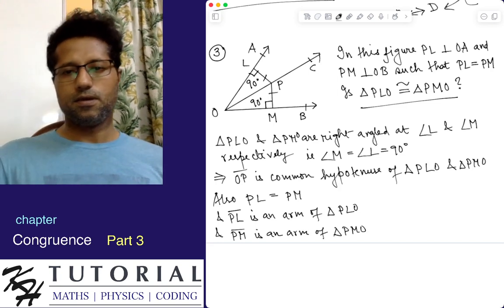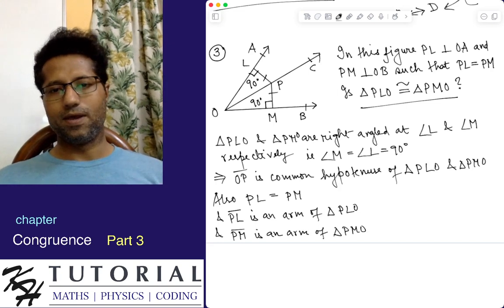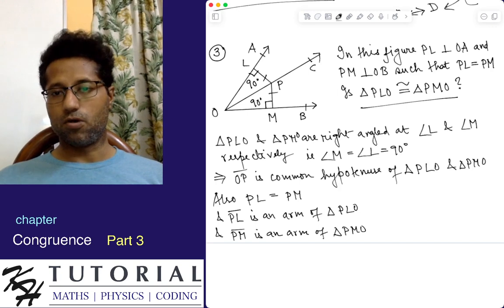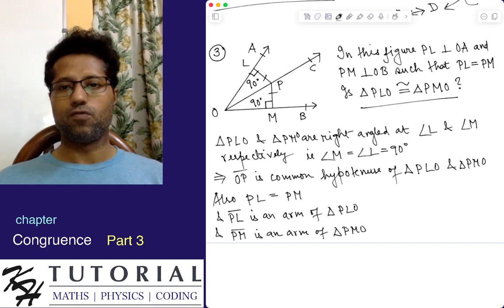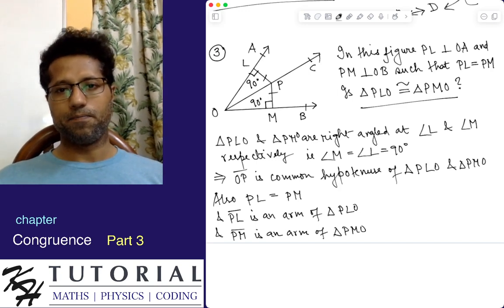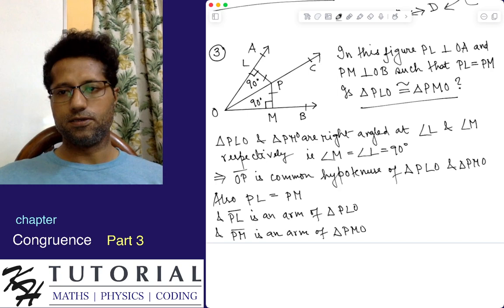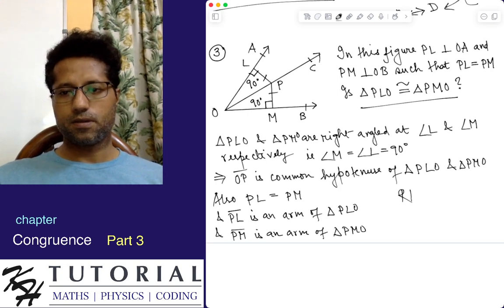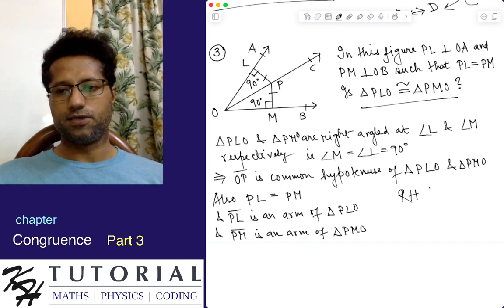So we have two triangles, PLO and PMO, both right angled triangles. They have a common hypotenuse, and also one arm, the arm PL of triangle PLO, is equal to the arm PM of triangle PMO. So clearly the congruence condition applicable is RHS.